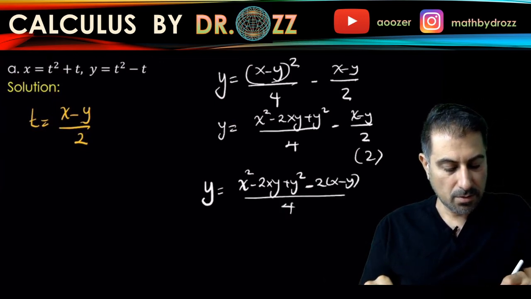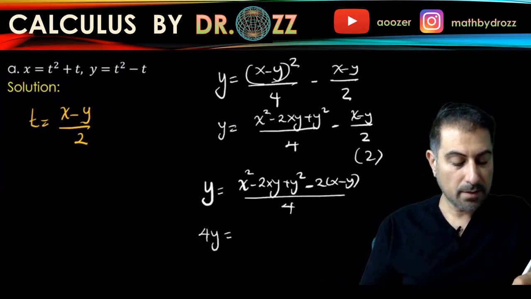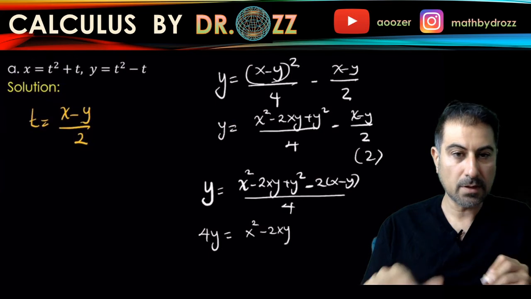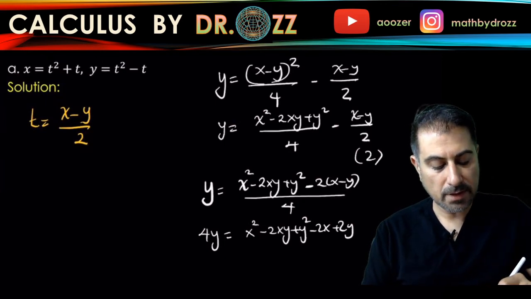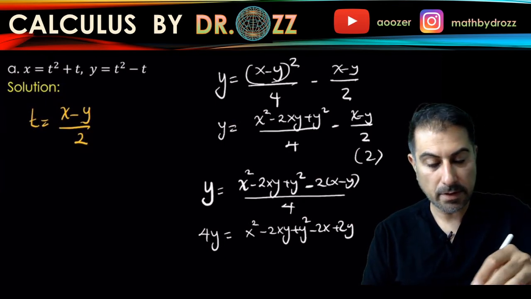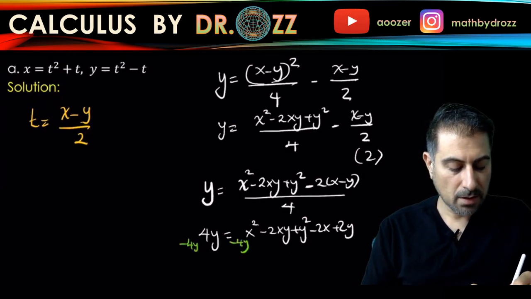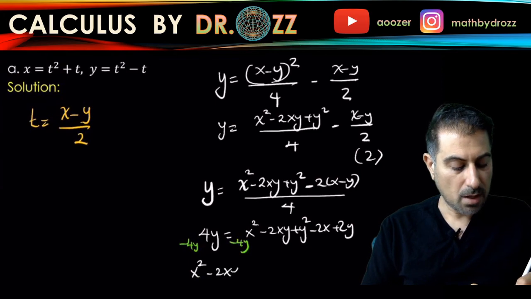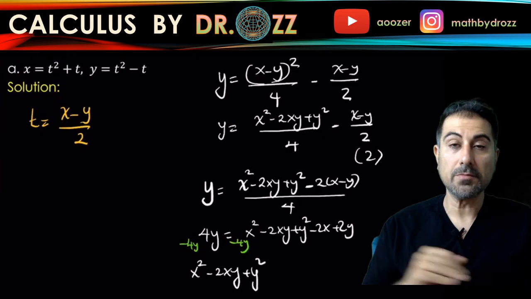So multiplying both sides by 4, 4y is equal to x squared minus 2xy plus y squared minus 2x plus 2y. And subtracting 4y from both sides takes you to x squared minus 2xy plus y squared, minus 2x minus 2y, equals 0.